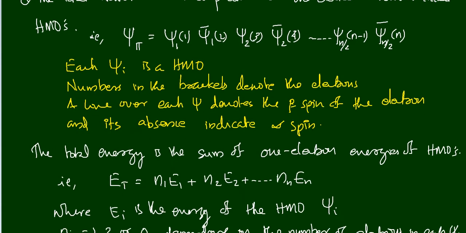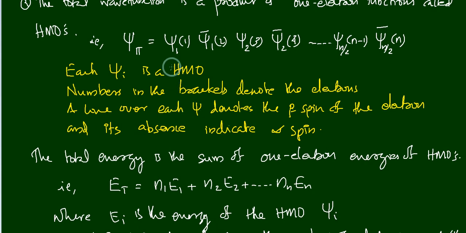Here in this expression, each psi i means psi 1, psi 2, psi 3, etc., up to psi n/2. Each psi i is a Hückel molecular orbital. The numbers inside the brackets denote the electrons: this is electron 1, electron 2, electron 3, electron 4, etc., up to electron n.